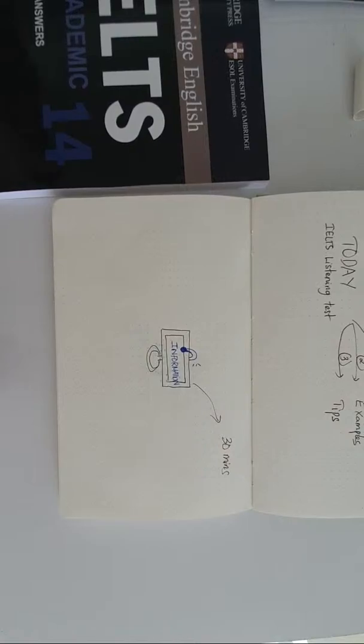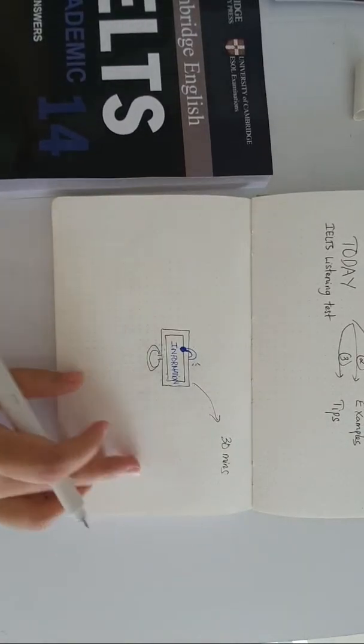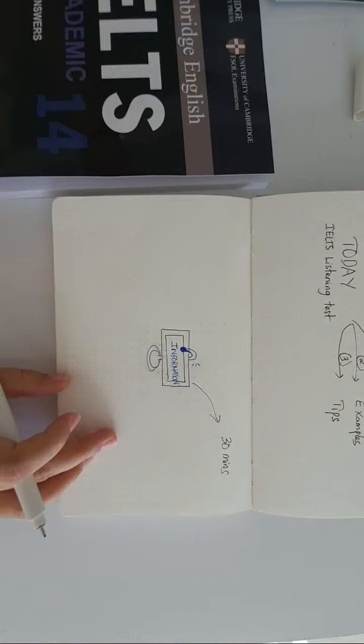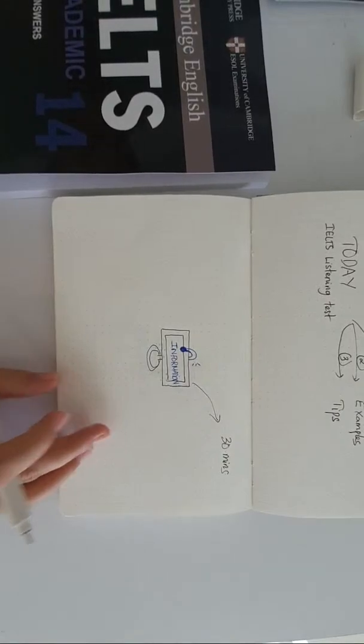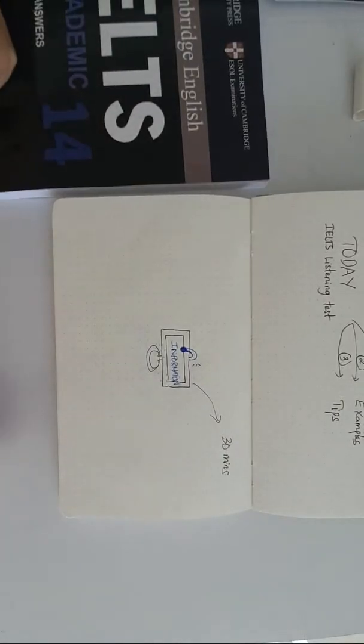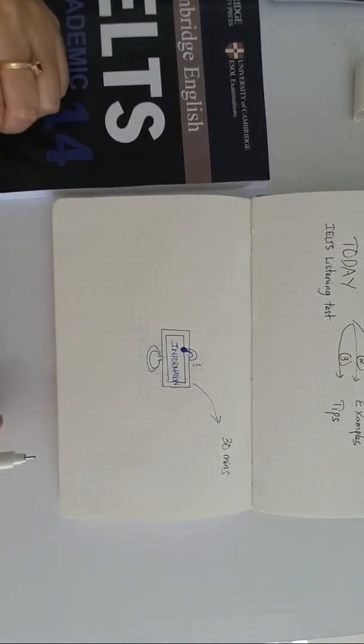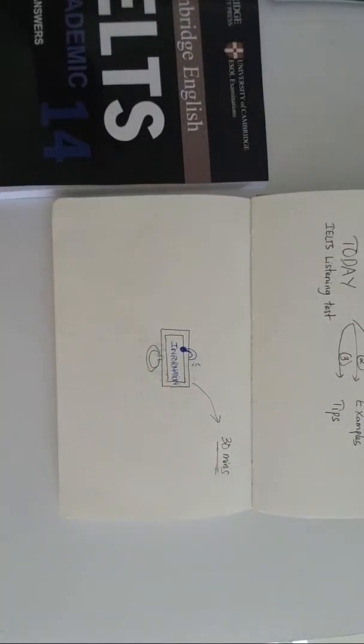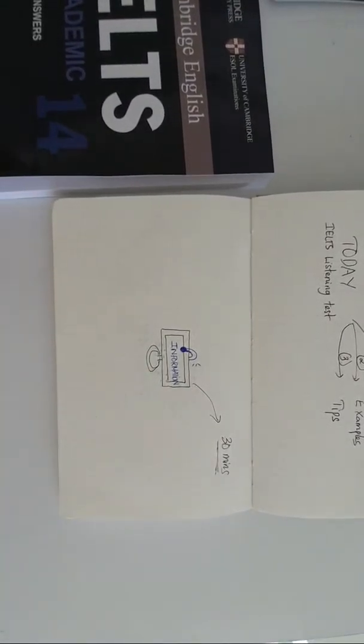It's a good time for you to check your answers and your spelling as well. So don't try to check your answers while listening. Keep moving forward, and just check your answers at the end of the test when you have time to transfer them.